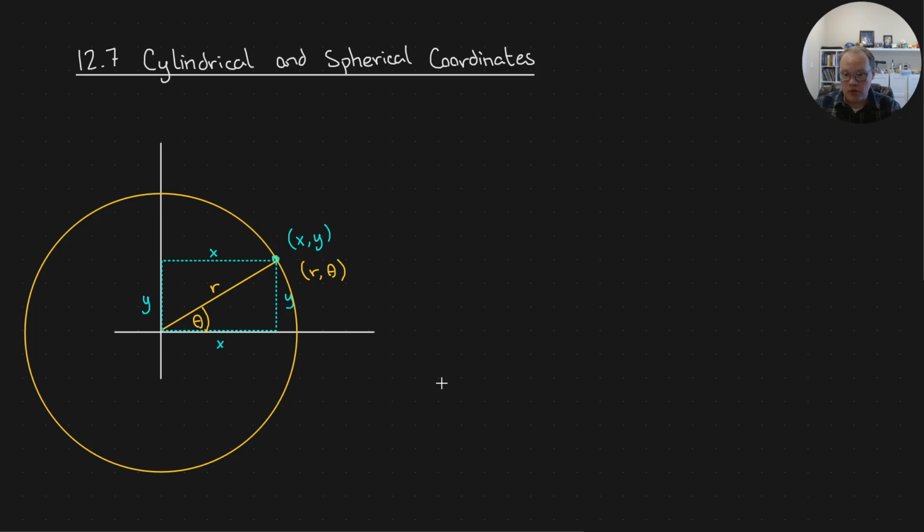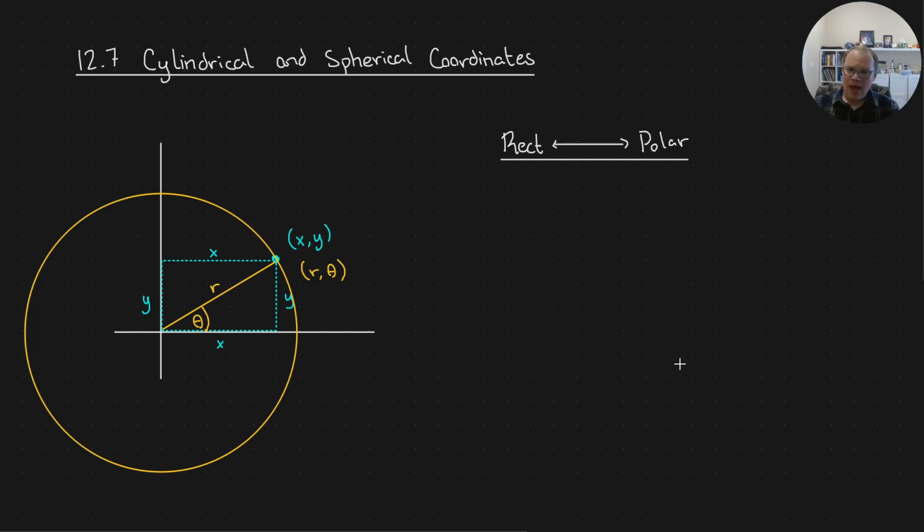So let's go ahead and review the polar coordinate system in 2 dimensions, and then we could take those ideas and extend them into 3 dimensions.